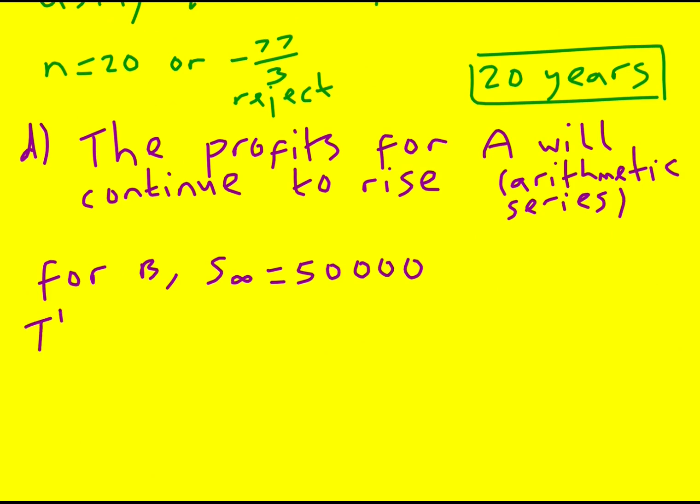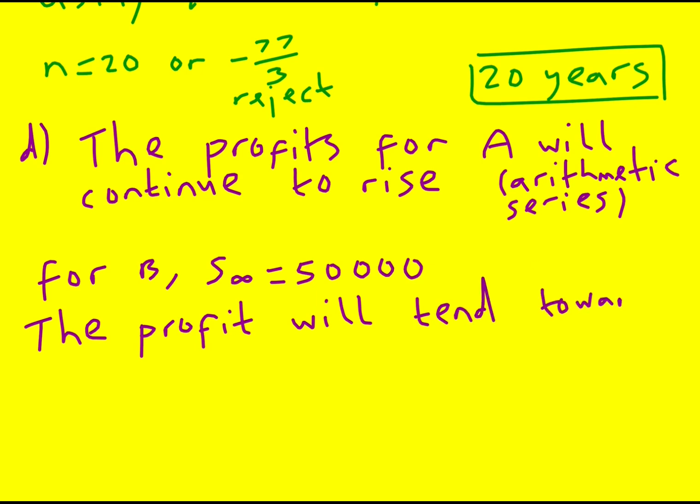So the profit will tend towards £50,000. You could say the profit per year will tend to zero. You could say that it plateaus, just really making it clear. I think this is the most convincing, to be honest, actually saying what it will equal. So that will definitely be enough. Okay, well done.